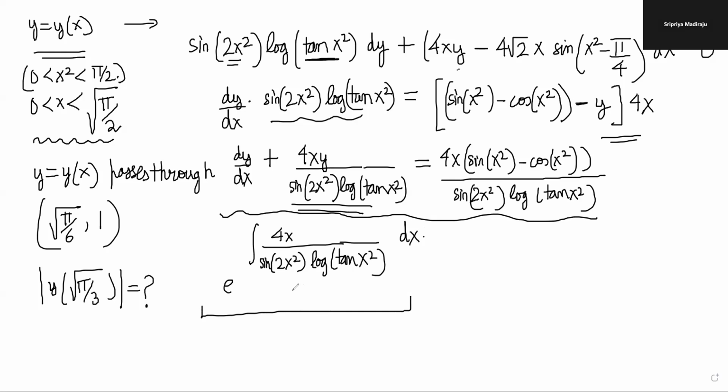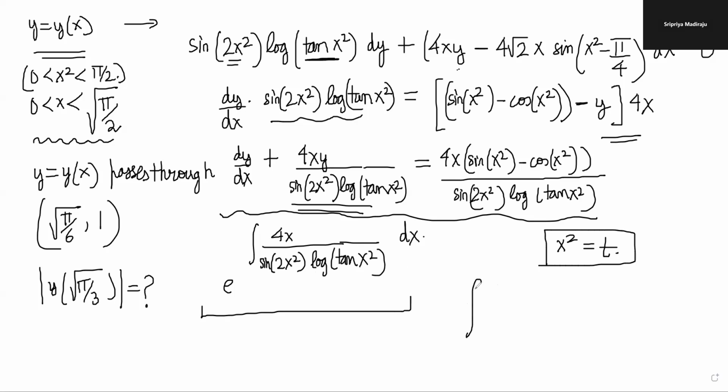What is the first step in the integration? The first step: you can notice that d by dx of 2x square is 4x. I noticed that, and the first step I tried is putting x square is equal to t.